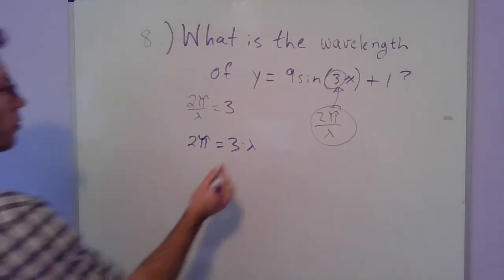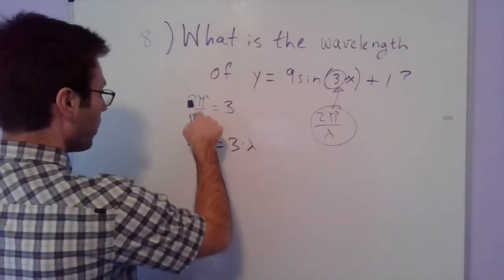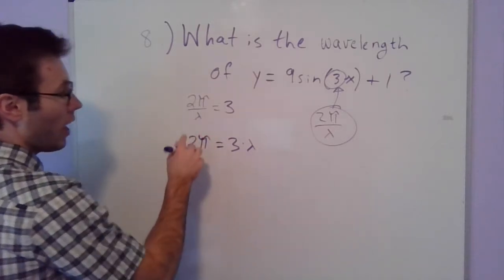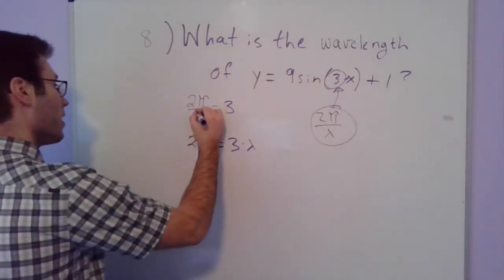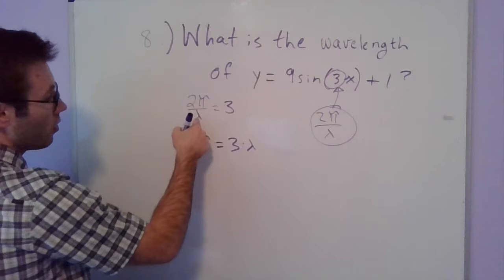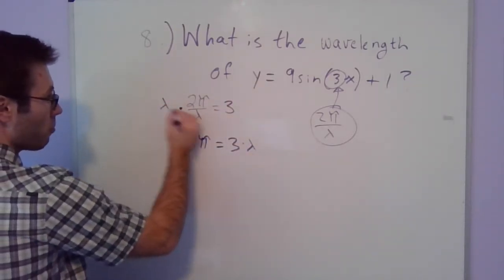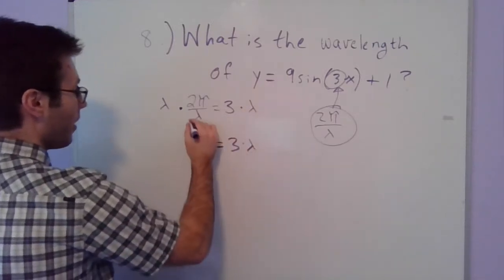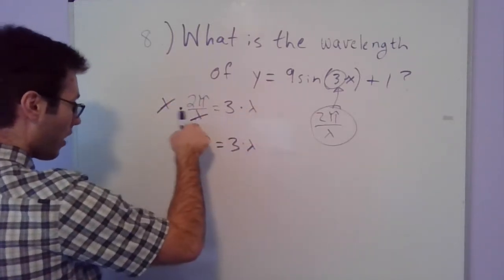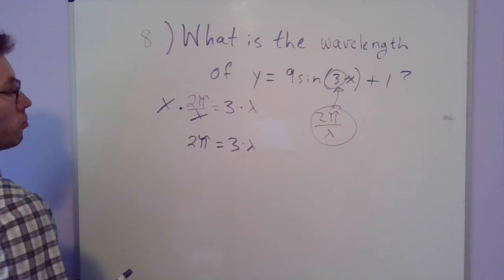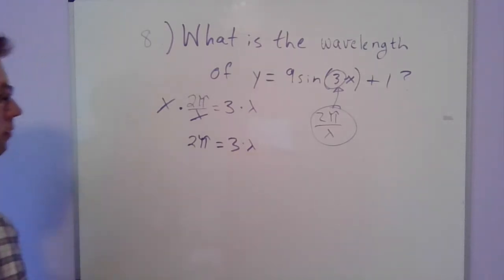Yeah, all I did here was I multiplied to get from here to here. I needed lambda out of the denominator. I'm trying to figure it out. So I multiply both sides by lambda, because I'm multiplying both sides by lambda. Those are canceling out, so you're left with 2 pi is equal to 3 times lambda, so it's right there.